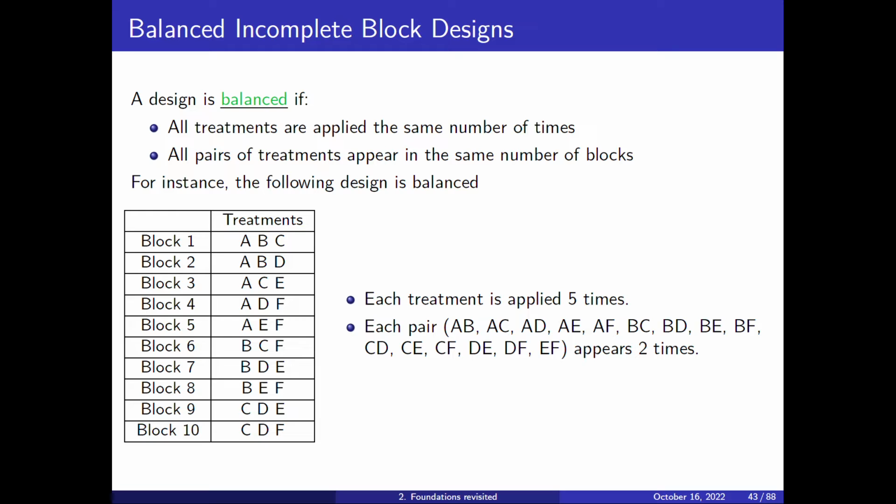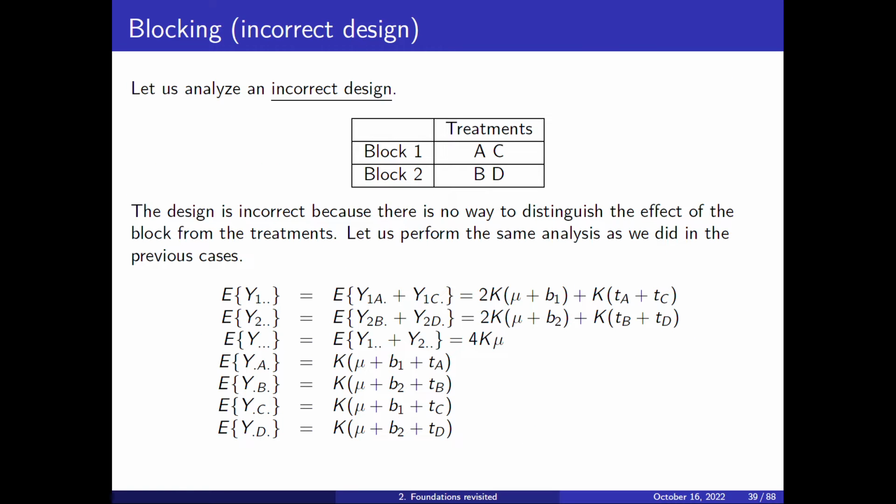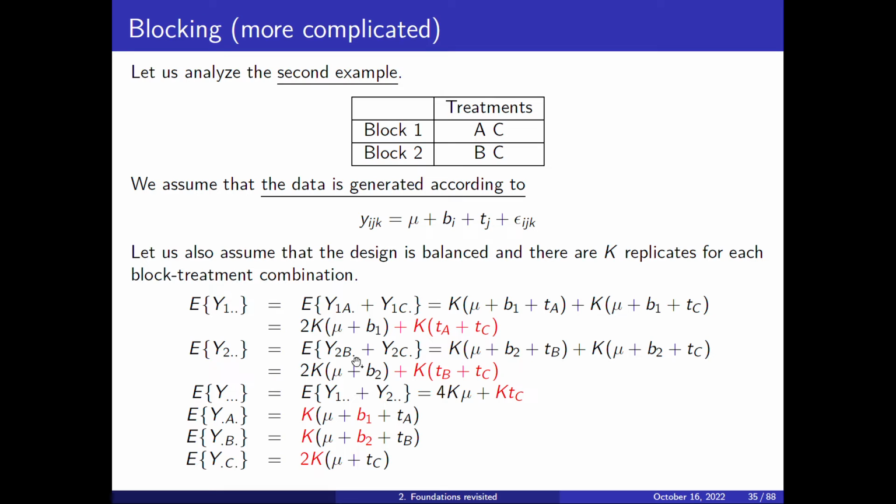So having balanced designs is really good, because of all those considerations that we were doing before about having the same variance between comparisons. So for instance, in the example we saw before, we could compare A with B, but the variability of that comparison was different than that between A and C, because this design is not balanced.